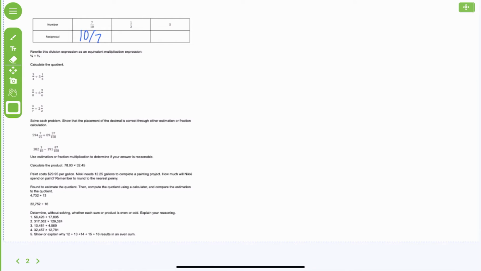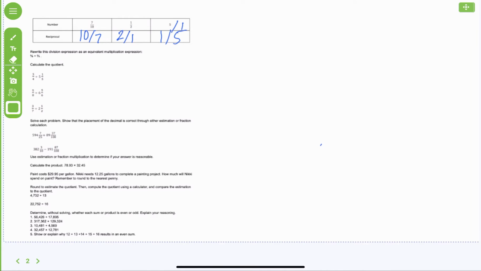If the number is 1/2, the reciprocal is 2/1 or 2. What's the reciprocal of 5? 1/5. Good, because we can write 5/1. So if we flipped it, it would be 1/5.